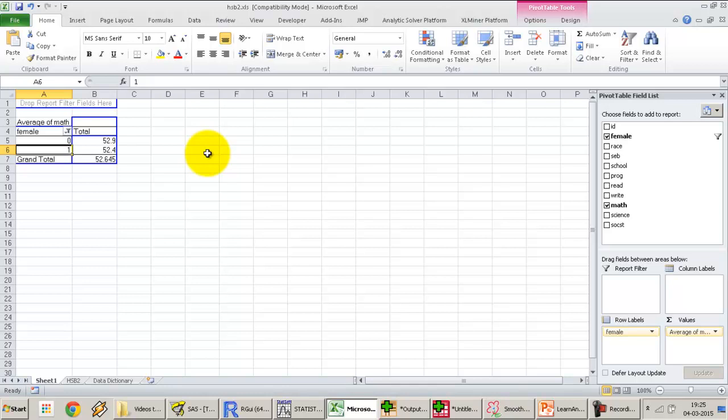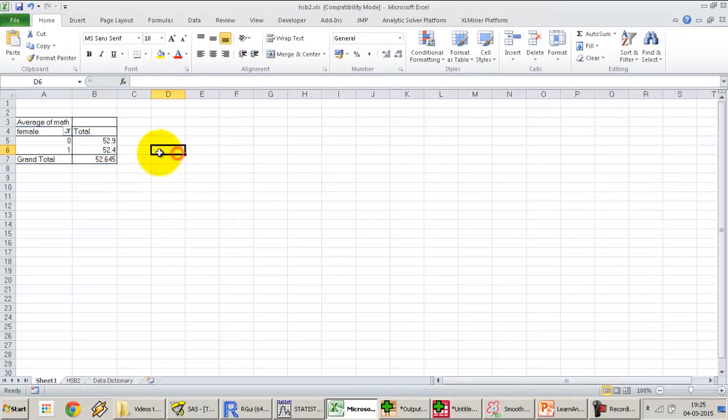We've got a sample of about 200 students. Roughly half of them are males, half of them are females. We've got the mean score for males and the mean score for females, which is 52.9 and 52.4. So prima facie, it does appear that the two genders have almost exactly the same score.